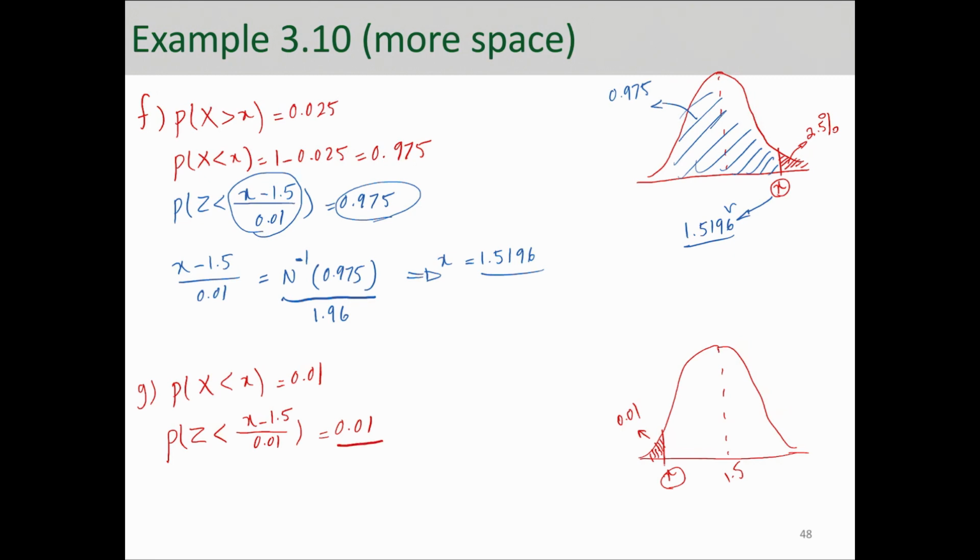Now we need to go to the table and read the z value associated with 0.01. Essentially, (x minus 1.5) over 0.01 is equal to norm inverse of 0.01. And that is that z value. So let's go to the table and find the z value associated with 0.01.